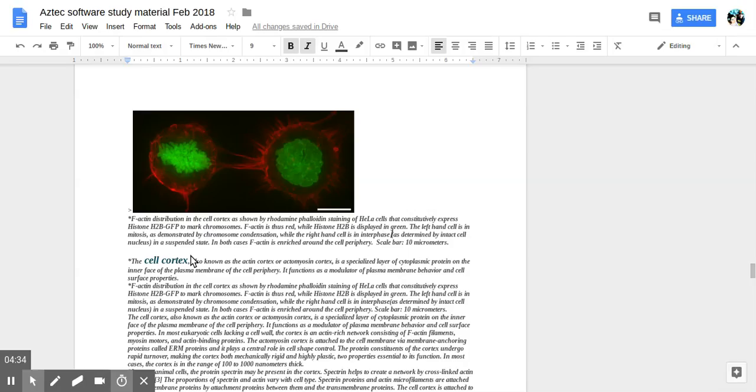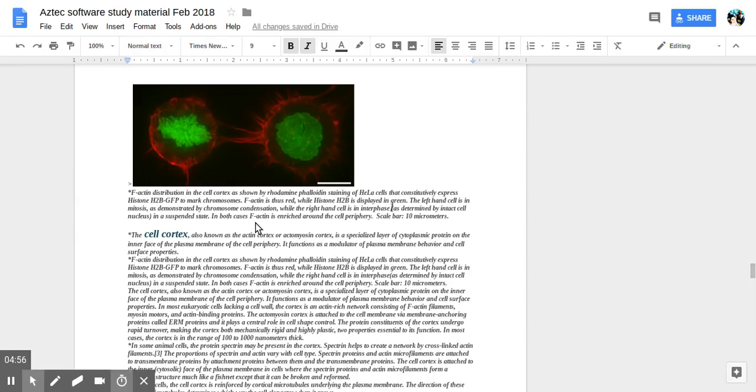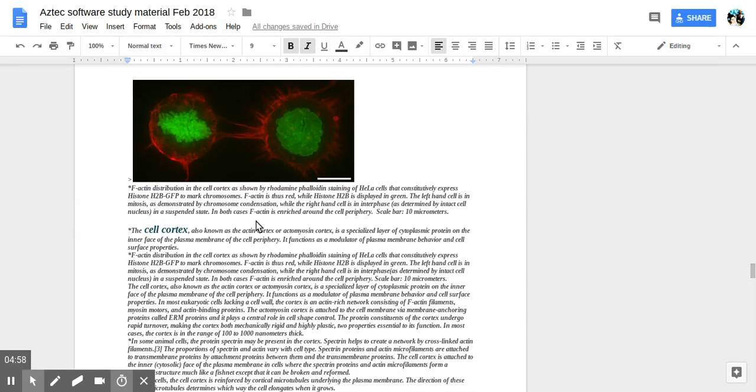Scale bar 10 micrometers. Beautiful. So this picture is very, very nice. It's bright, so we can see how the actin and its shape is changing, becoming wider and expanding and becoming smaller and contracting in various stages of the cell cycle and cell replication, etc.